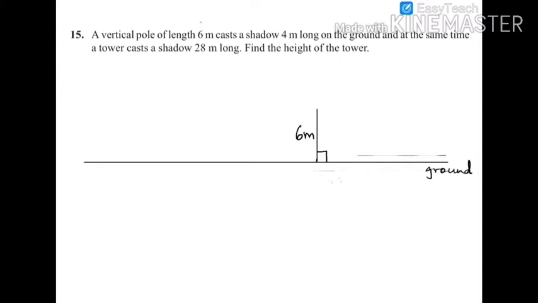Let's say the sun is at this point in the sky at a particular time of the day. Then the rays coming from the sun are blocked by this object, and a shadow is formed on the ground over here, which is 4 meters long.